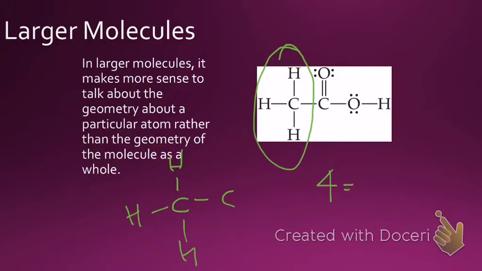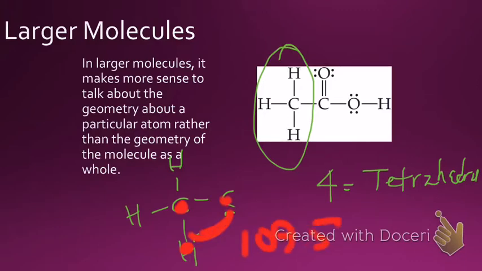So therefore, when we look at that, the electron domain geometry is tetrahedral. That's also the molecular geometry because there are no lone pair electrons. And so, even though it may look like it's 90 degrees, the angle between the hydrogen and the carbon, because you have to realize that that's between this point and this point, that angle is going to be 109.5 degrees.